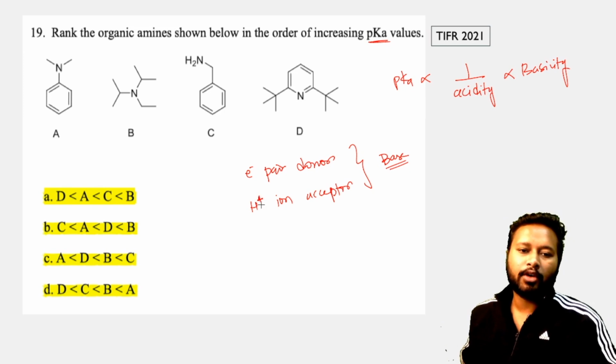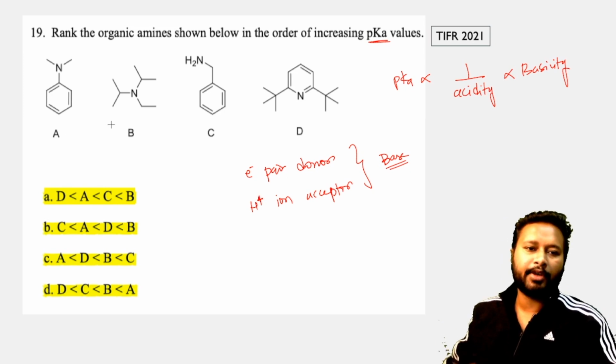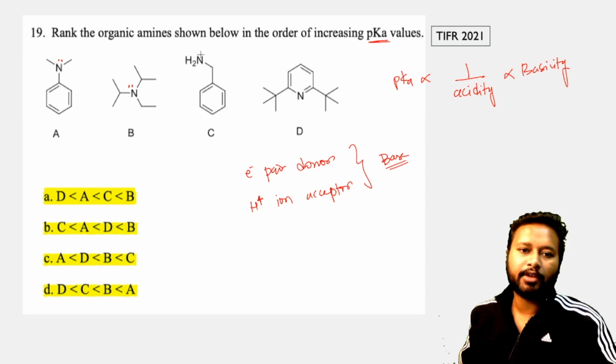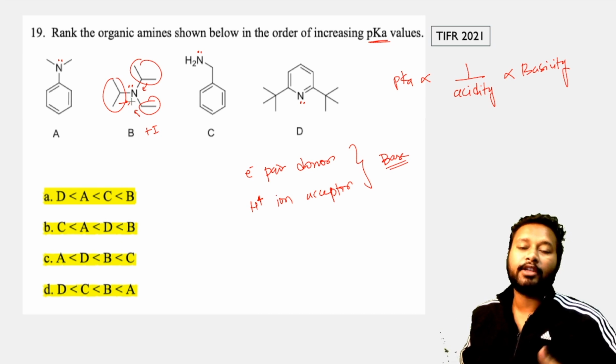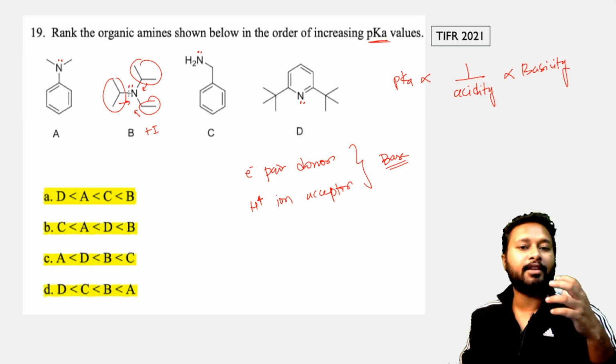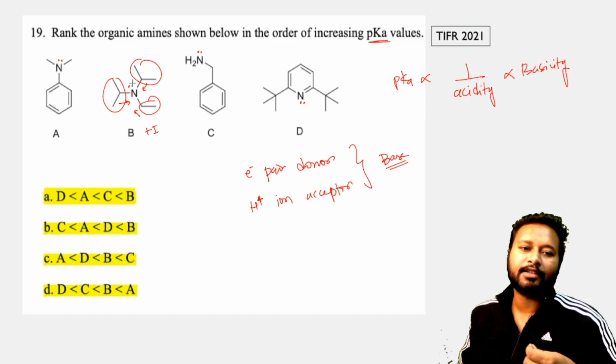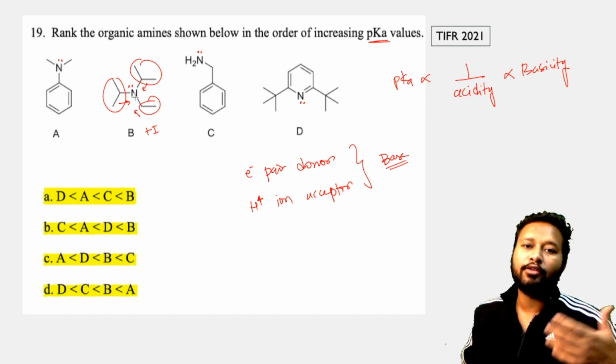Okay, so if I just talk about electron pair donation, who can give an electron pair easily? All of these have their electron pairs. And if you see, option B has an electron pair, and along with that it has 3 plus I giving groups. It has alkyl groups which apply the plus I effect on the nitrogen, which makes this nitrogen very electron rich, and this will easily donate its lone pair of electrons.